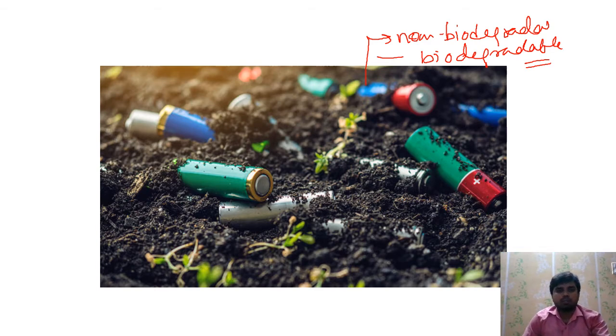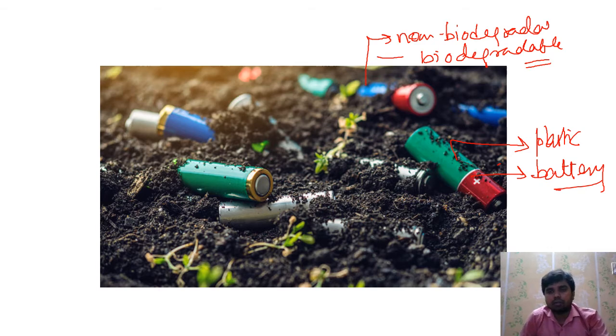Those substances which can be easily decomposed in the soil are biodegradable. But there are some substances that cannot be degraded easily in the soil, like material made of plastics or some hard chemicals present in batteries, like lead. They take a very large amount of time to degrade in the soil.